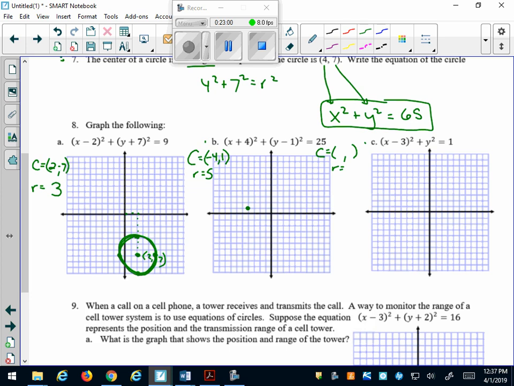I'm going to go to the right 5, up 5, left 5, and down 5. Again, instead of thinking about connecting dots, think about drawing a semicircle. Think of it like a rainbow. I kind of missed that one. And there's the circle. For this one, the center should be 3, 0. Radius is 1. Over 3, up 0. And a nice little tight circle there. Radius of 1.